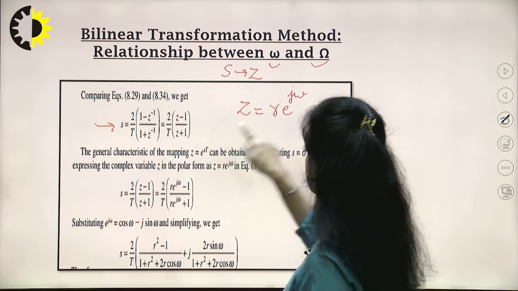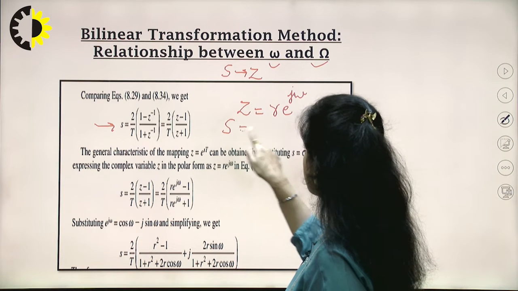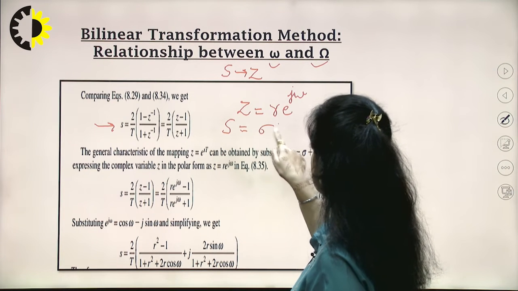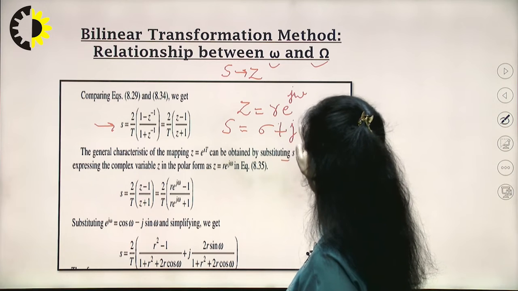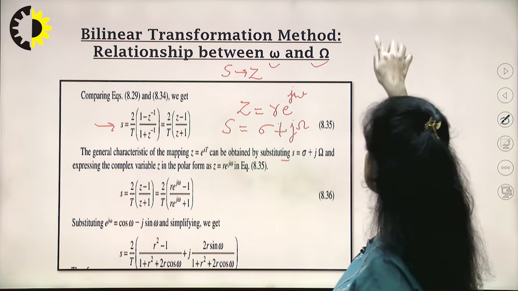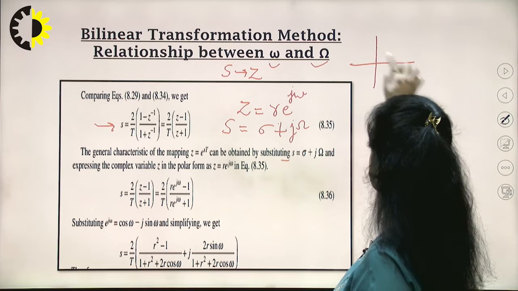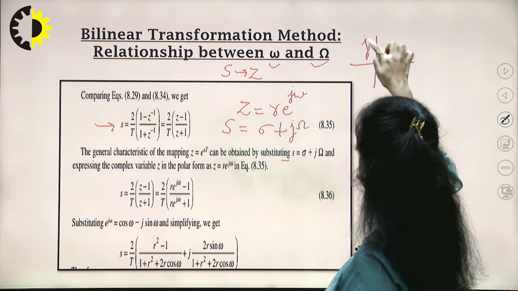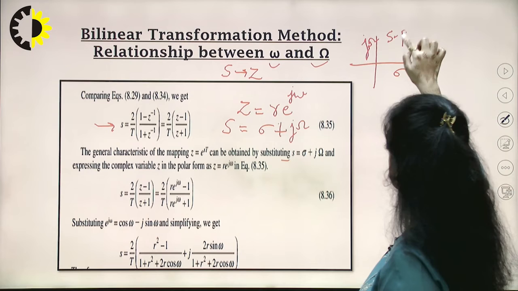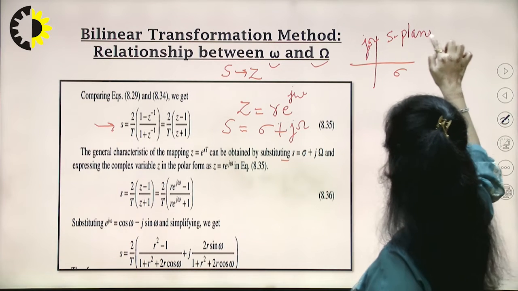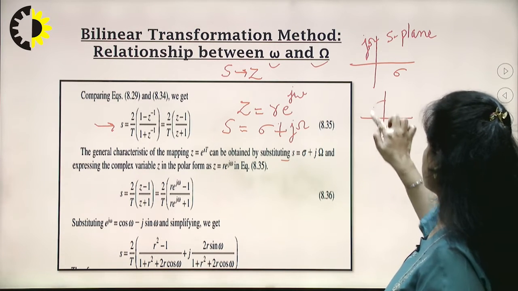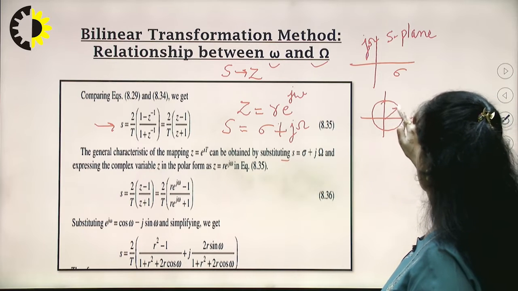I also know that this variable s is represented as sigma plus j omega. That is nothing but my planes, the s plane being represented by sigma and j omega, and my z plane being represented with this radius r.